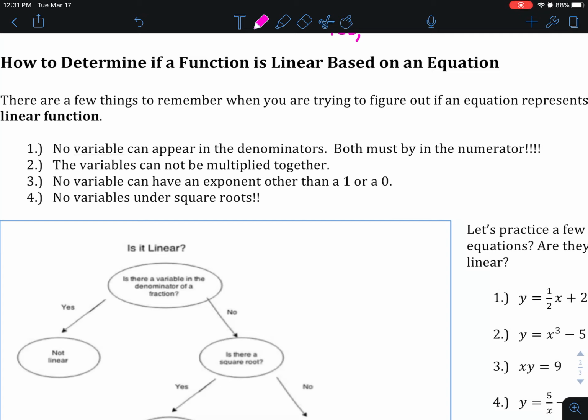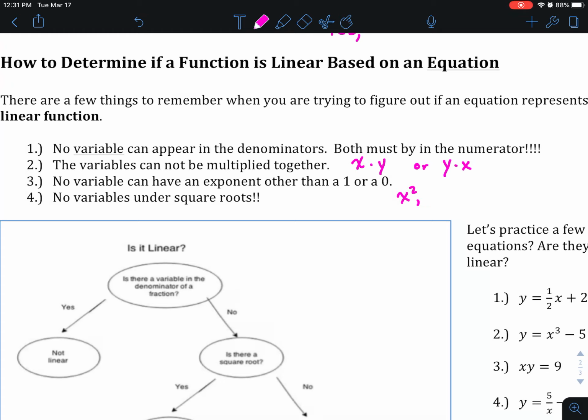Number 2, the variables cannot be multiplied together. So we can't have x times y anywhere, or y times x anywhere. That would not be a linear function. Number 3, no variable can have an exponent other than a 1 or a 0.